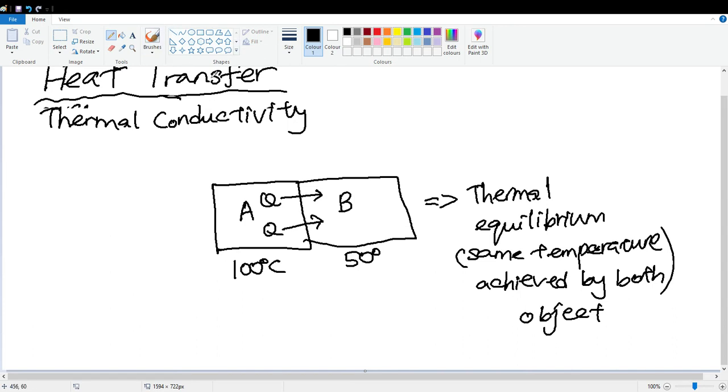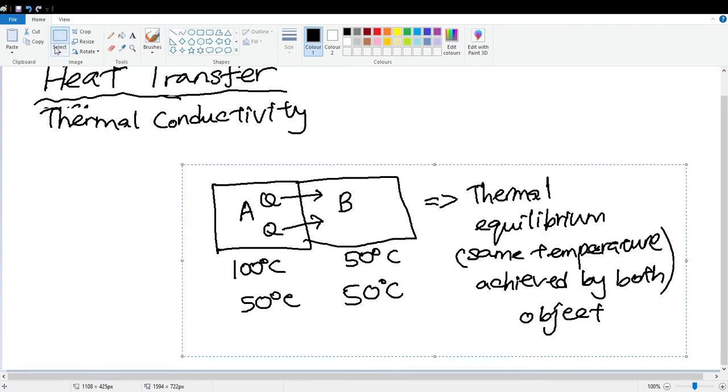So when these two objects achieve thermal equilibrium, the temperature for them is the same. Let's say this is 50 degrees Celsius and this one is also 50 degrees Celsius. So this is thermal equilibrium. Okay, so we've done the basic principle.